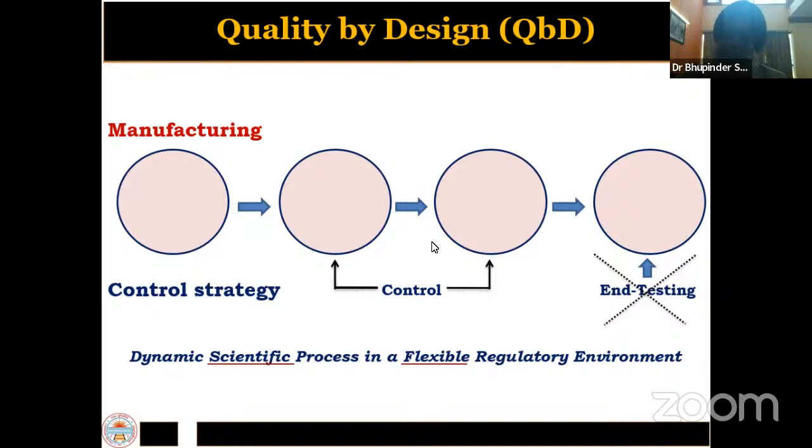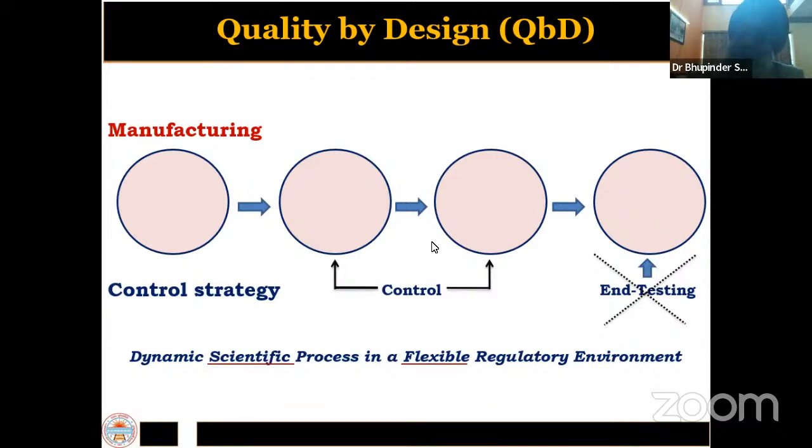Say, for example, bioavailability testing for a generic product in case of QBT. When it was happening, people were restless during the night. It was a nightmarish kind of experience because people were skeptical.